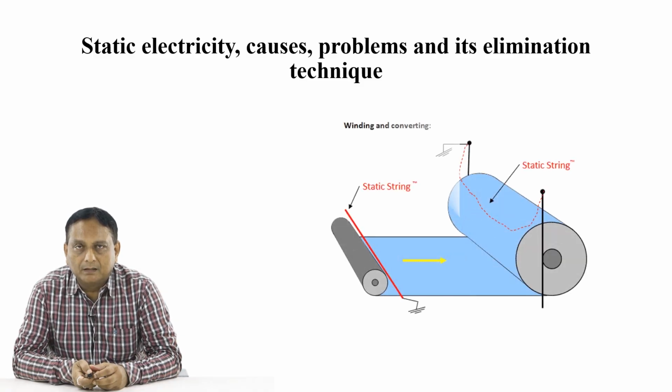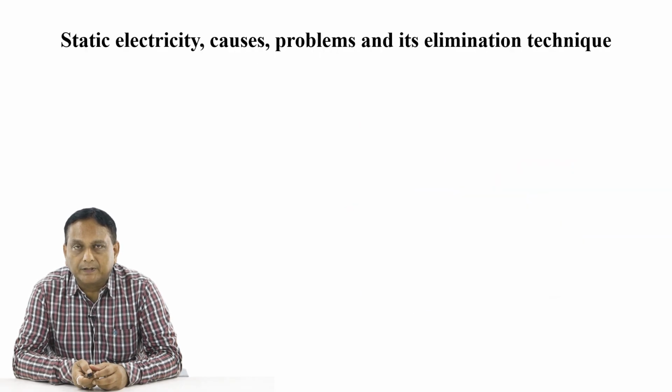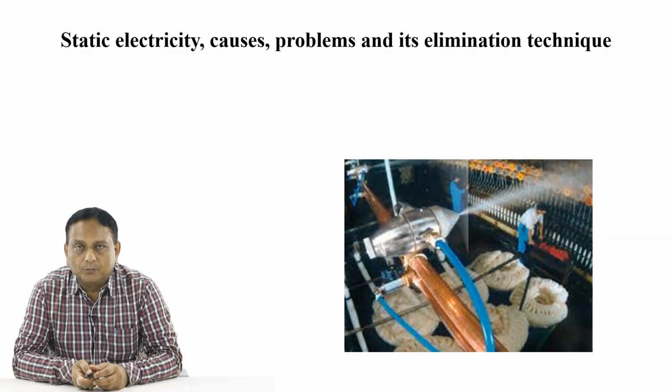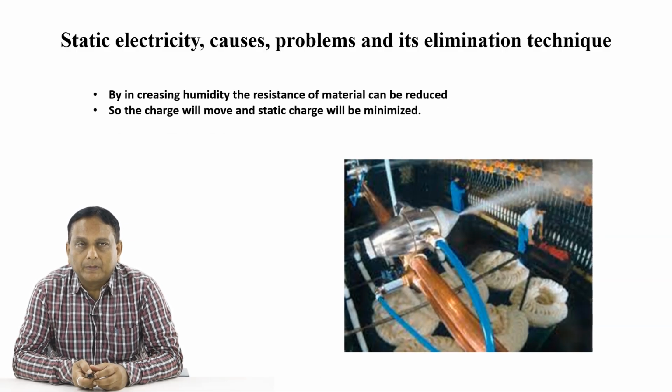Now let us see the effect on the fabric bundle or the fabric roll. You can see in these conditions that there are ballooning formations, and how they are being stopped by some sort of static string. So ballooning formation is getting inhibited. Now we can also see how this can be improved by increasing the humidity in the department.